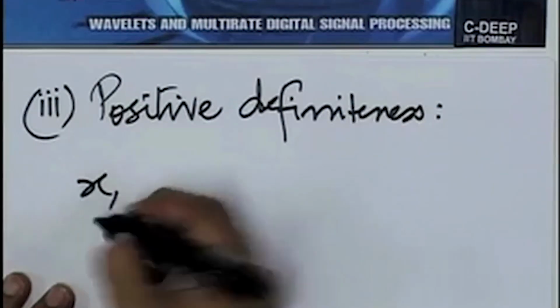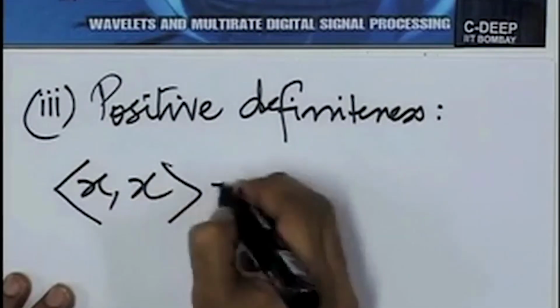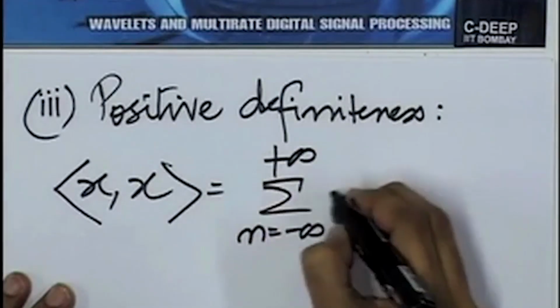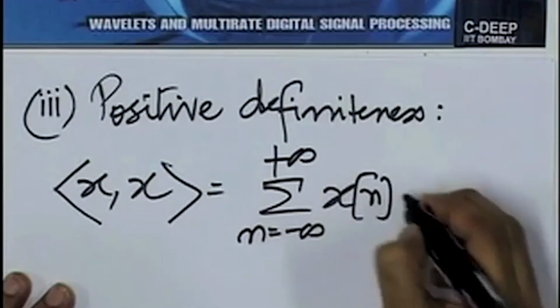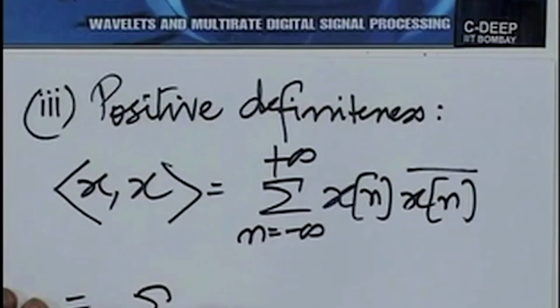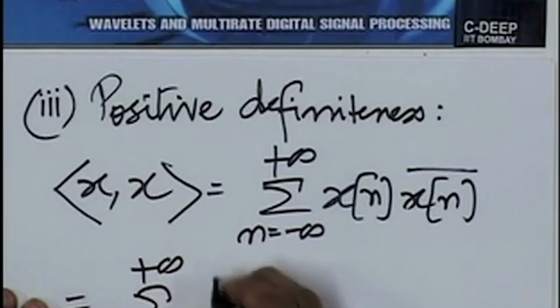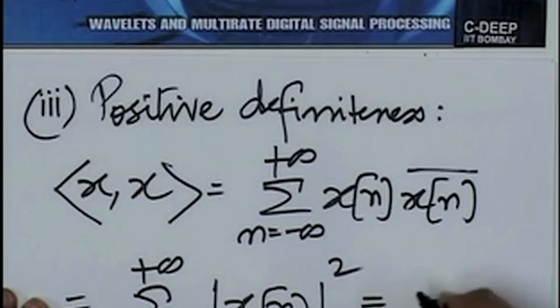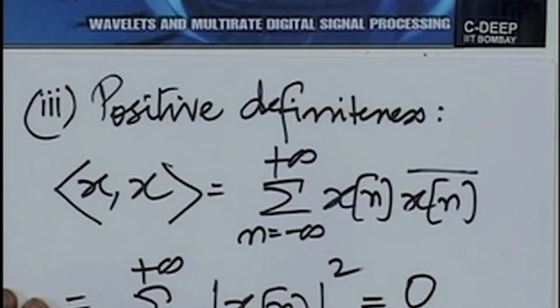Indeed, if we take the dot product of x with x, it is summation n going from minus to plus infinity xn times xn bar, which is summation n going from minus to plus infinity mod xn squared. And it is very easy to see that this is equal to 0 if and only if xn equal to 0 for all n.